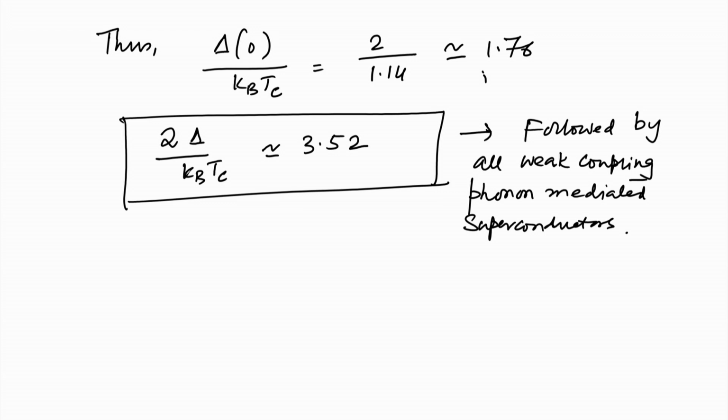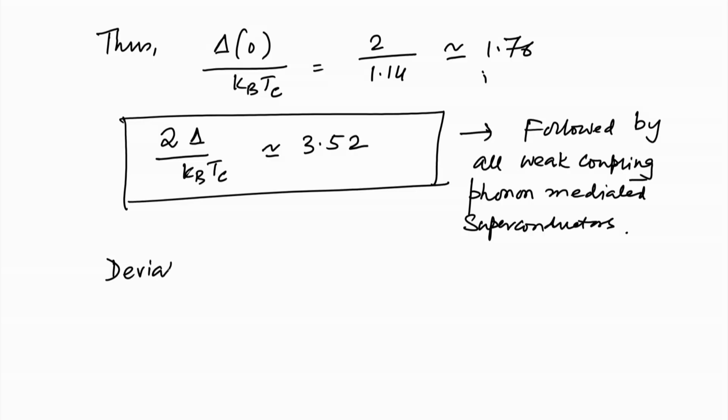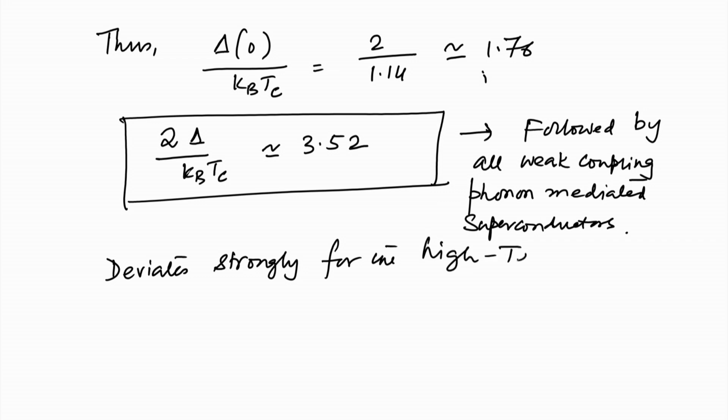So, this is a property of these superconductors, that twice the energy gap divided by k T_c should be a number which is 3.52. It deviates strongly for the high temperature superconductors.